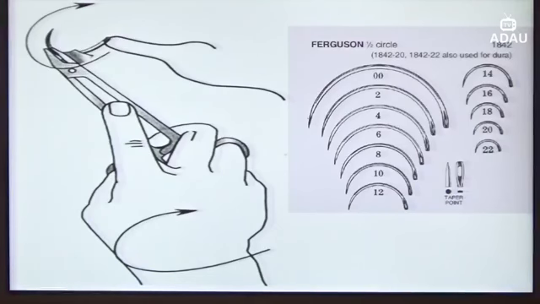After that, we should thread the stitch through the needle, and then apply the stitch. There are different sizes of circle needles for operations. The number 22 surgical size we use when we want to operate on the eyes. Numbers 20, 18, 22, and 4 or 2 and 6 circle needles we use when we want to operate in the peritoneum, and there are different sizes of needles.